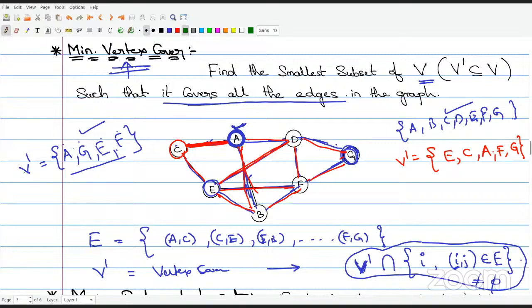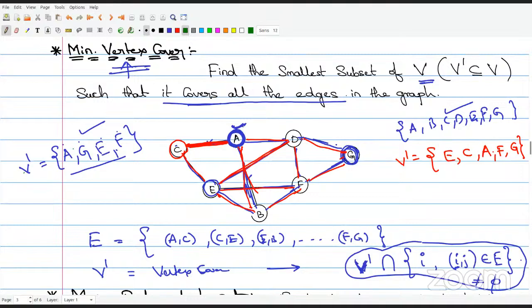But if I give you a graph of some 100 vertices, and ask you to find the minimum vertex cover for that graph within a given time, even a computer cannot find it that easily. This is an NP problem, a non-polynomial problem, as we call it.